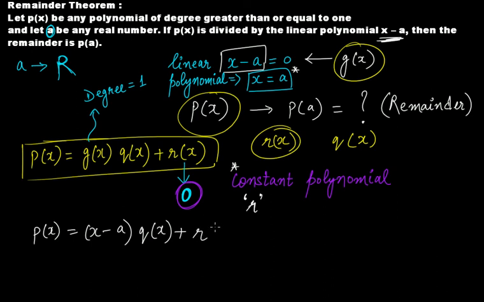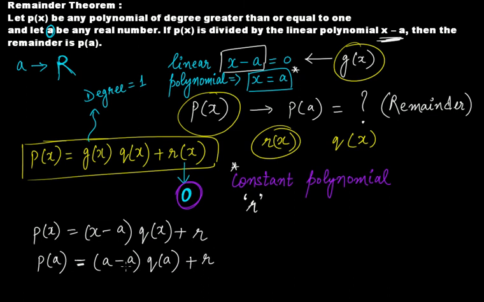Now, if you put x equal to a, then P(a) is equal to (a minus a) multiplied by Q(a) plus r.